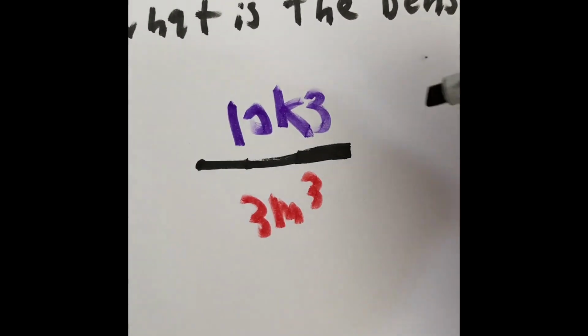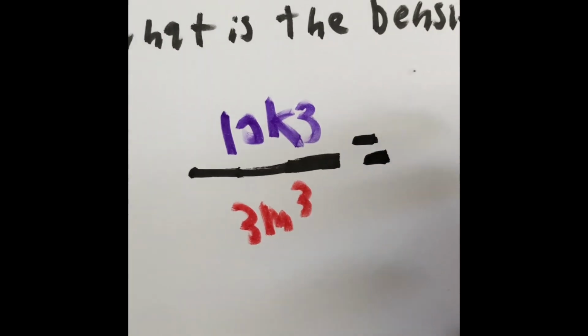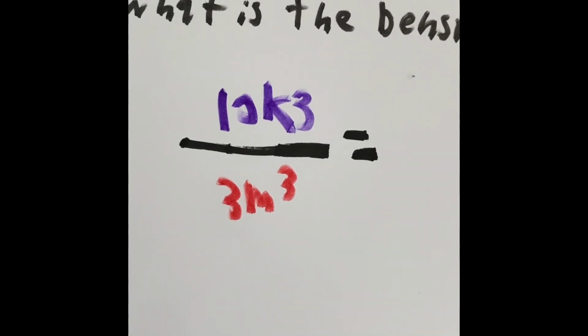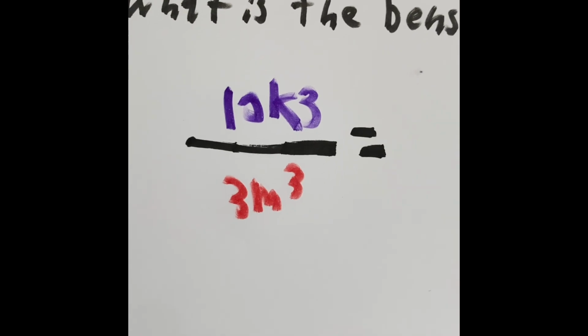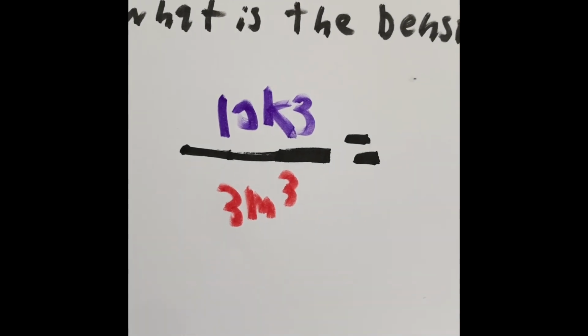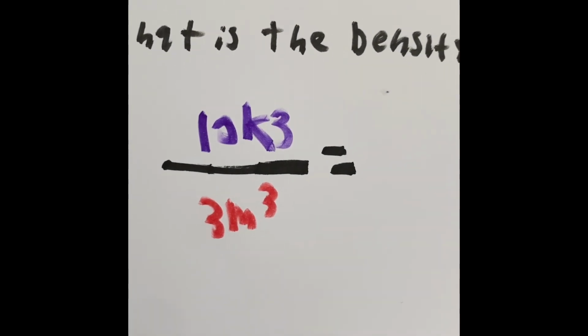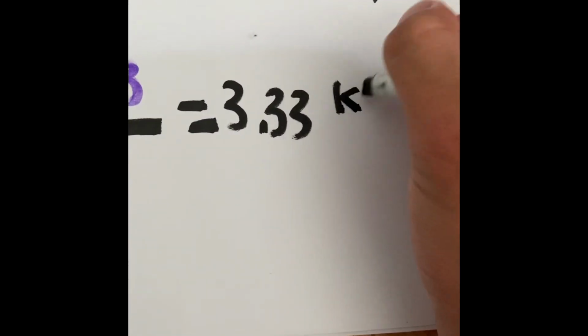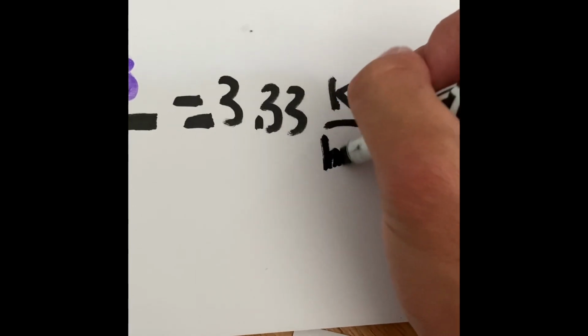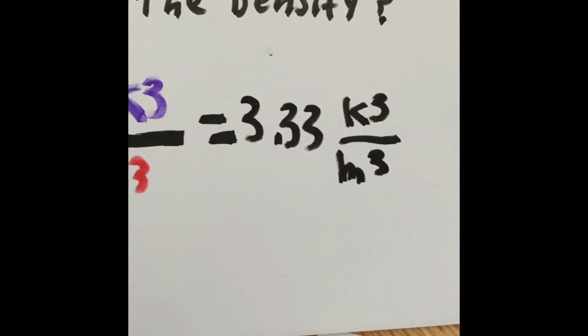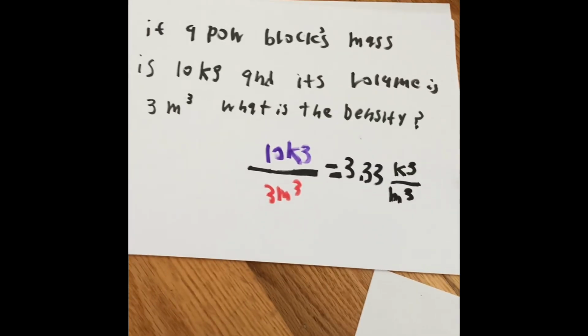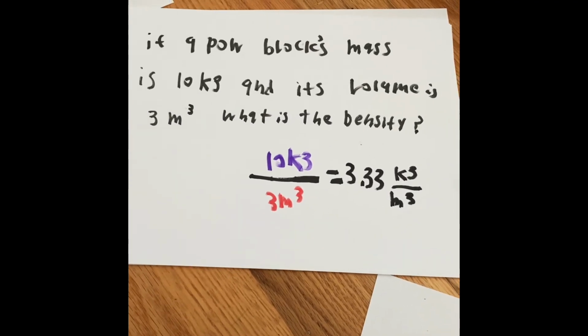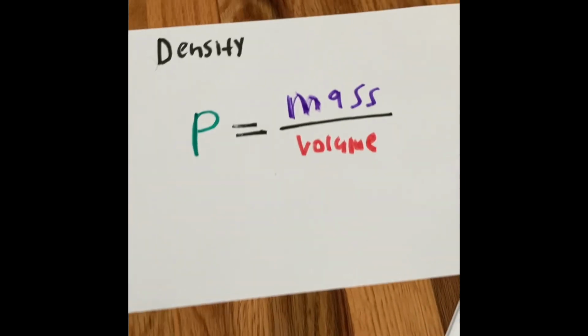And when we do that, you are going to use a calculator, because how can you divide 10 by 3 in your head accurately? So when you do that, you get 3.33 kilograms per meter cubed. So that is the density. So that is how we can use the mathematics and the formula for density.